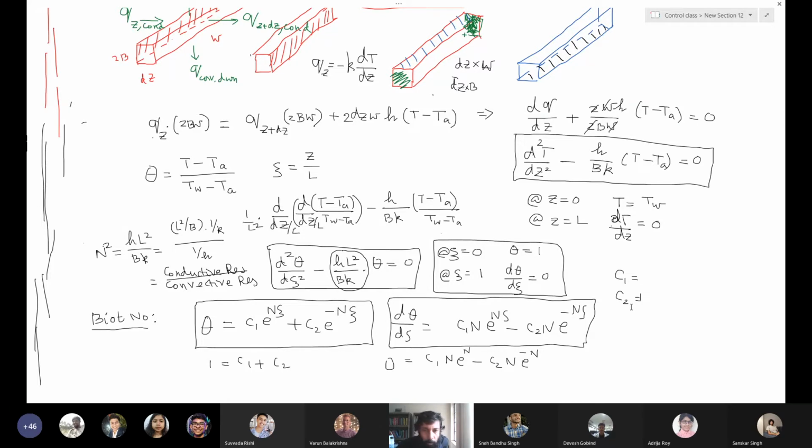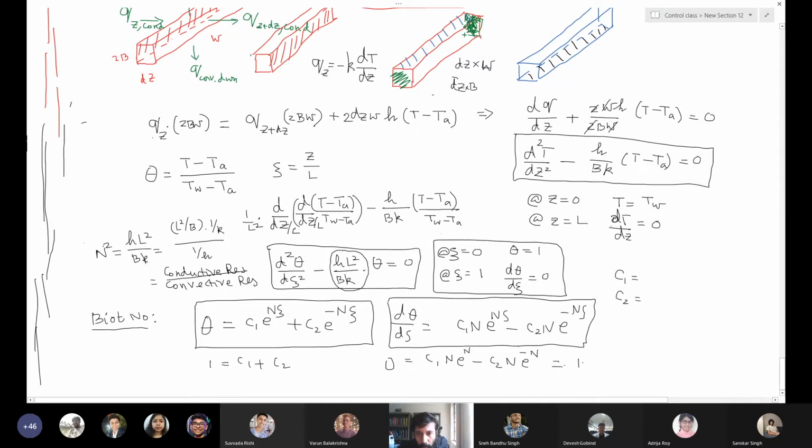So just substitute C1 equals 1 minus C2. C2 we will get easily. So n goes away.